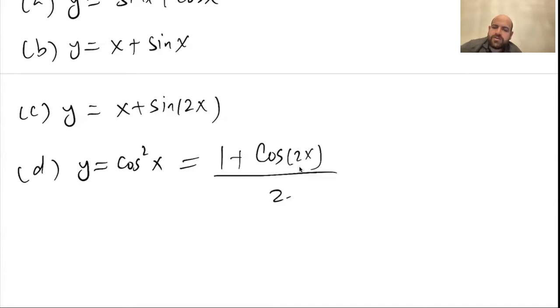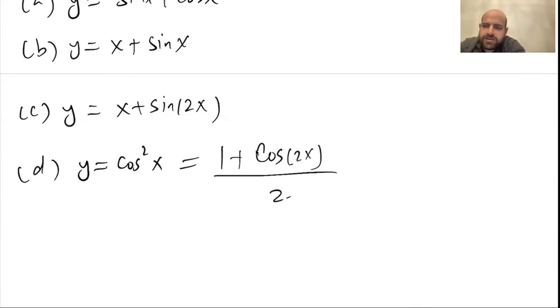Okay, so it's going to be one transformation, horizontal compression, then vertical compression, and then vertical shift 1/2 unit upward. So there will be 3 transformations that you have to apply on the graph of cos x in order to get this function, if you want to use this method.